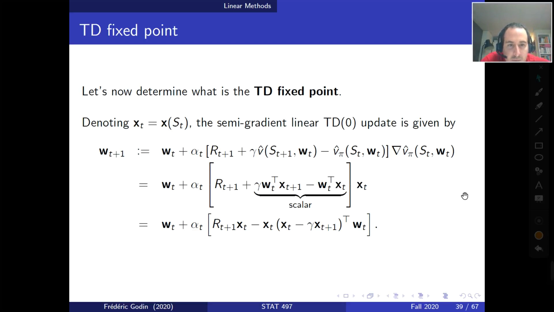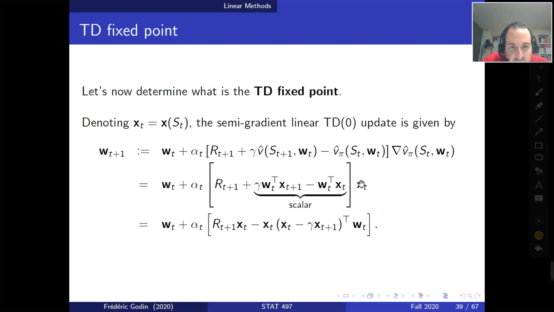Recall that in the linear approximation, this gradient is simply x, the vector of features of the state s. Just to make the notation simpler, the set of features for state s_t we're going to denote x_t. So to avoid repeating the s everywhere, x_t is just the feature vector in state s_t.